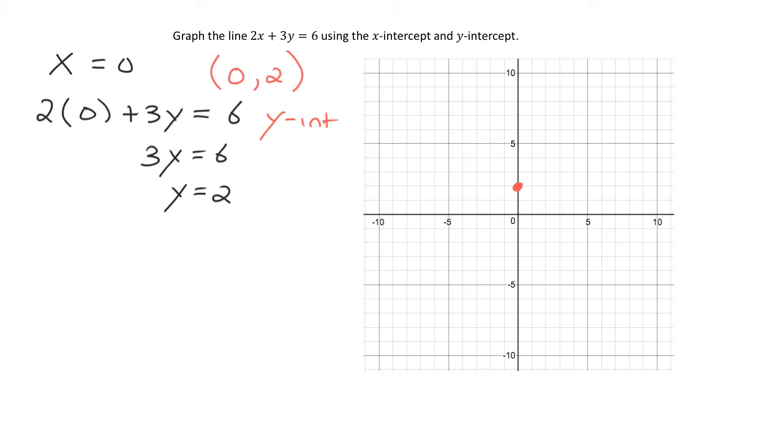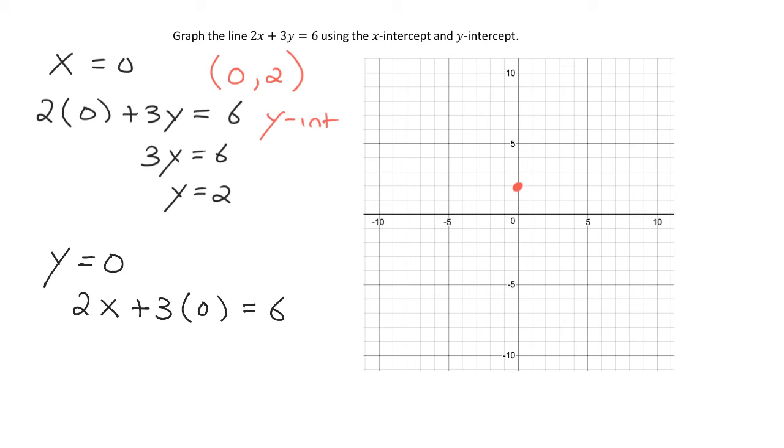The other point that we're going to get is going to be the x-intercept, and it's going to be just as easy to solve for as well. This time, instead of letting x equal 0, I'm going to let y equal 0. So let's see what happens. In my equation, I get 2x plus 3 times y, which I'm choosing to be 0.